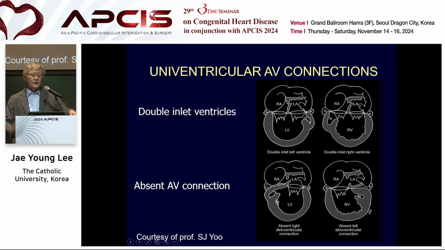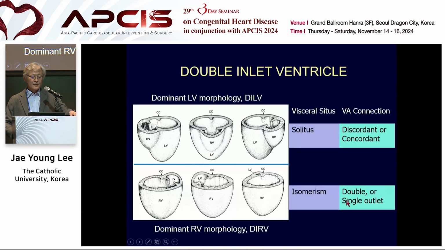This is one AV connection, absent right AV connection. This is absent left AV connection. Still, hemodynamically, RA and LA join to one ventricle, so also in this case a single ventricle. As I showed, these are the AV connections.